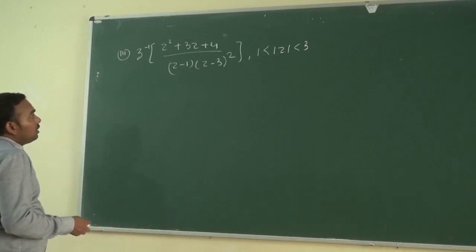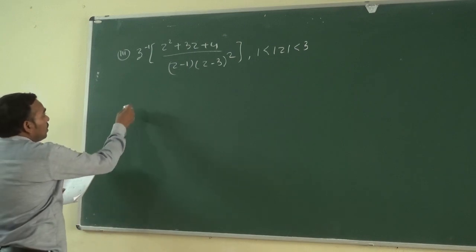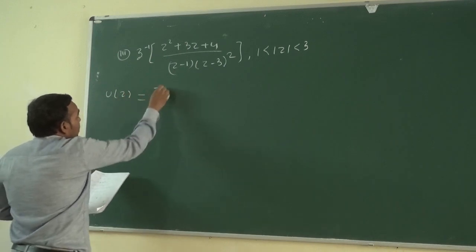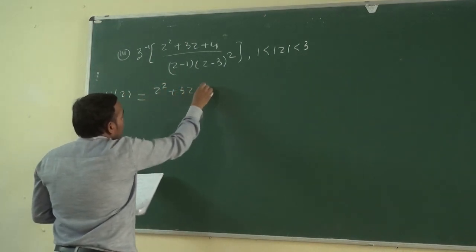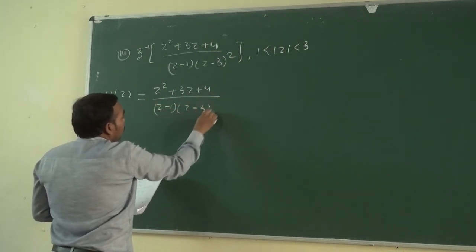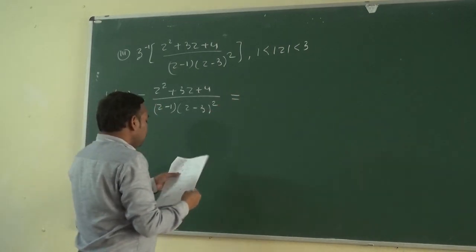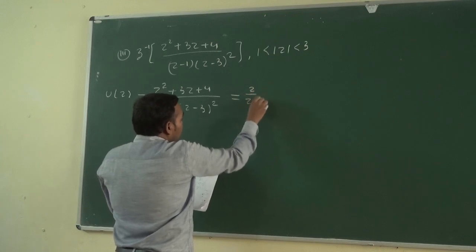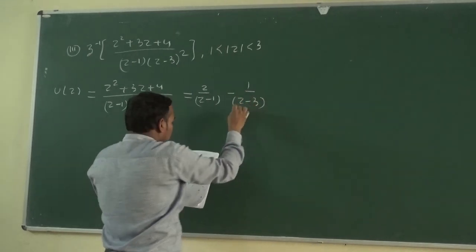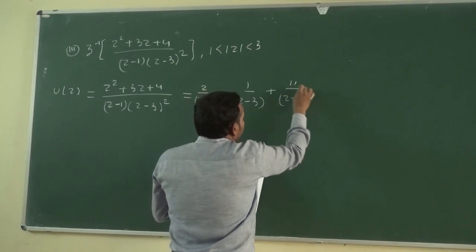So I am directly writing the partial fraction: u of z equal to z square plus 3z plus 4 upon z minus 1 z minus 3 whole square. The partial fraction of this is 2 upon z minus 1 minus 1 upon z minus 3 plus 11 upon z minus 3 whole square.